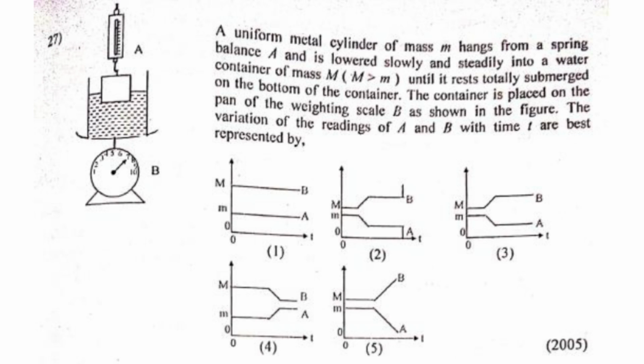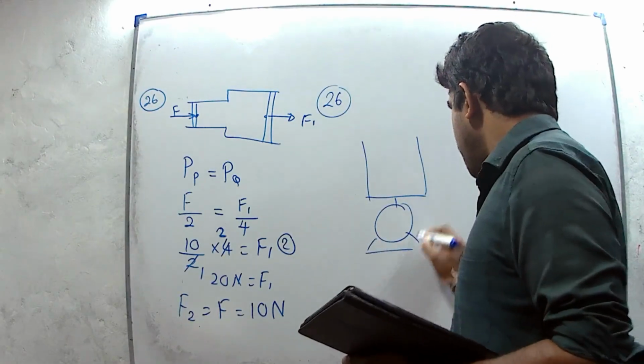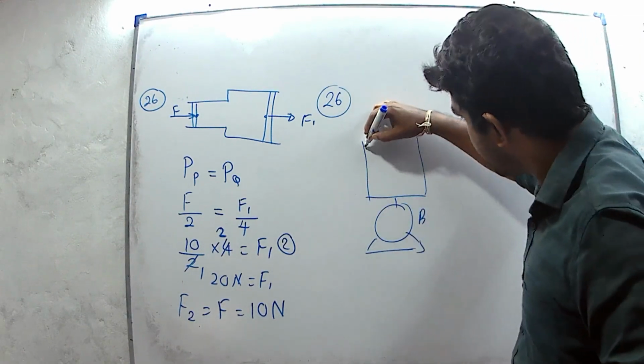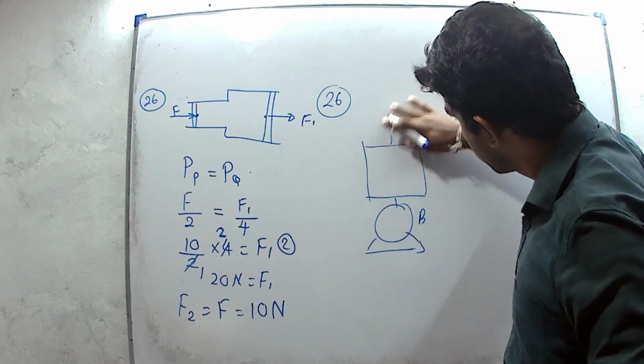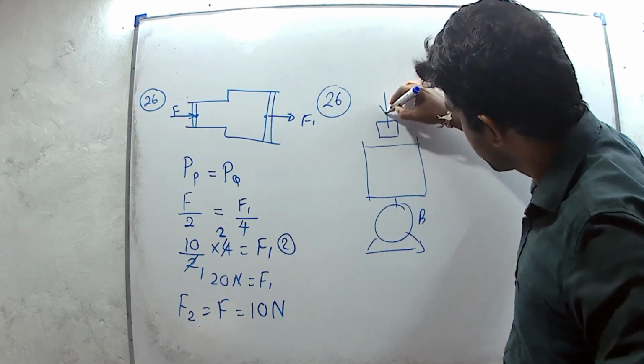The container is placed on the pan of the weighing scale B as shown in the figure. The variation of readings of A and B with time are best represented by? There are two balances. B is this one and A is the spring balance.